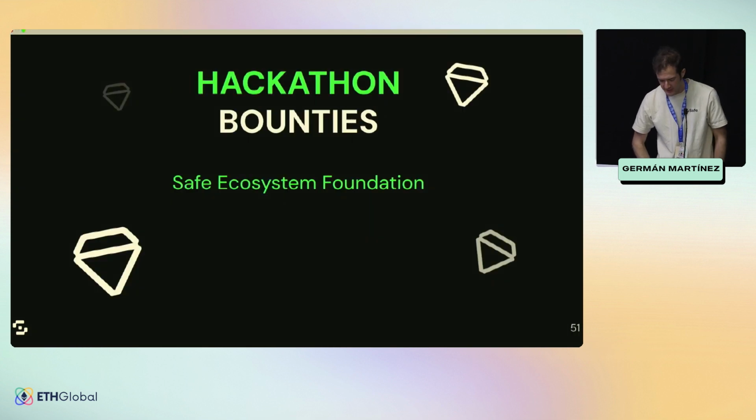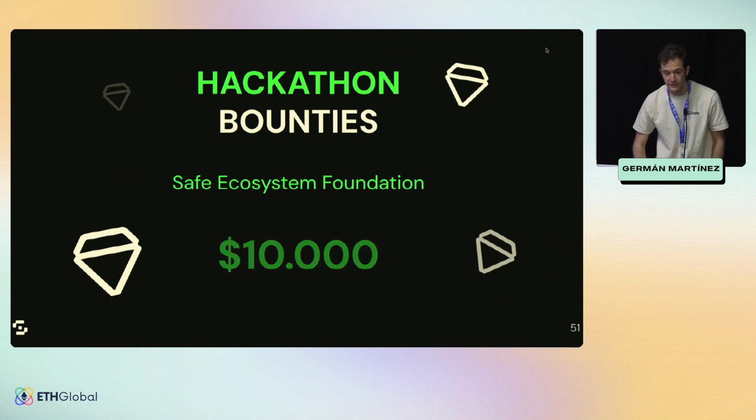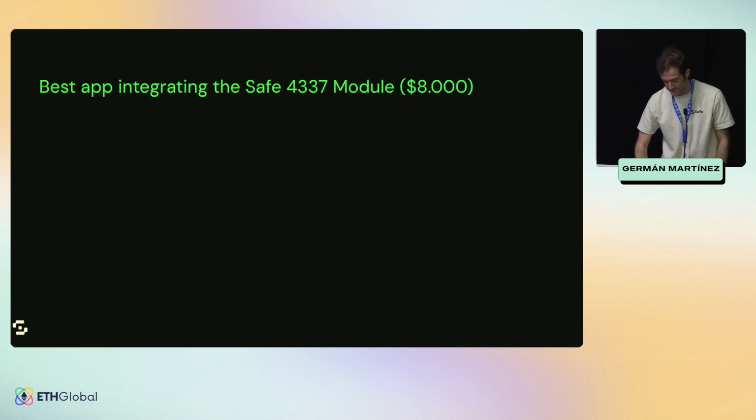It's not working. Okay. And for the hackathon bounties, we have 2 of them. We have $10,000. The best one, which has allocated 8K, is for the 4 best applications that integrate the Safe 4337 module.